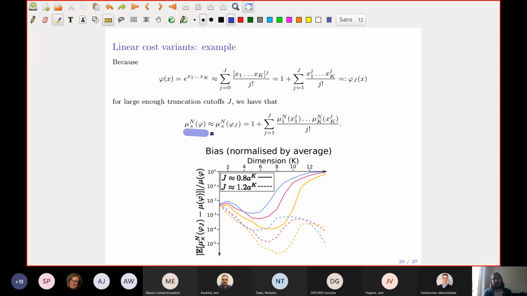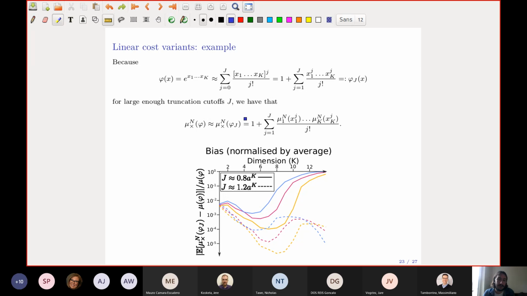And so you can expect the product form applied to phi being close to the product form applied to this other thing. And computing this one is quite easy, right? All you have to do is compute all these things here, the component-wise sample moments. And then you multiply them together and you add them all up, and you get a total cost of just order j times n times k, basically.